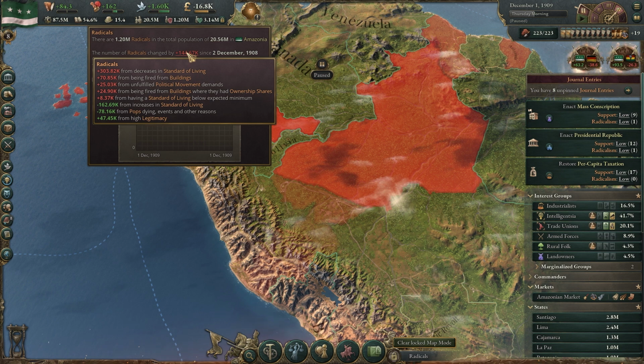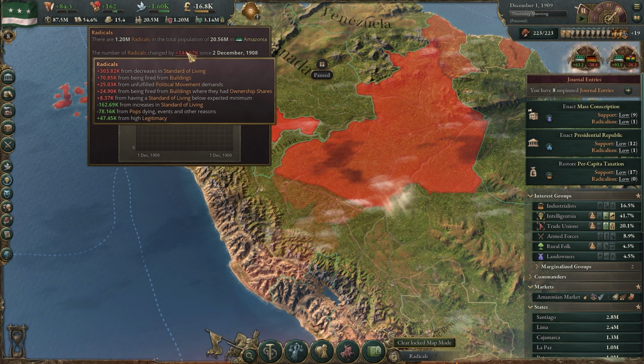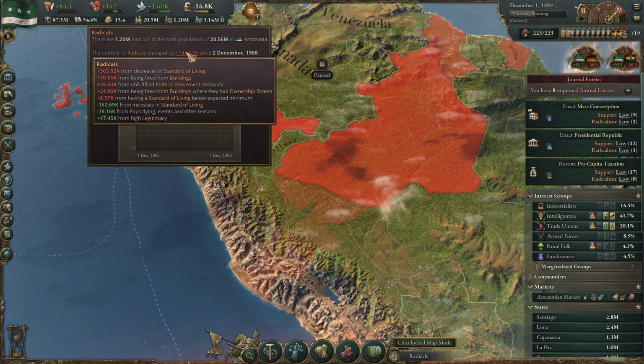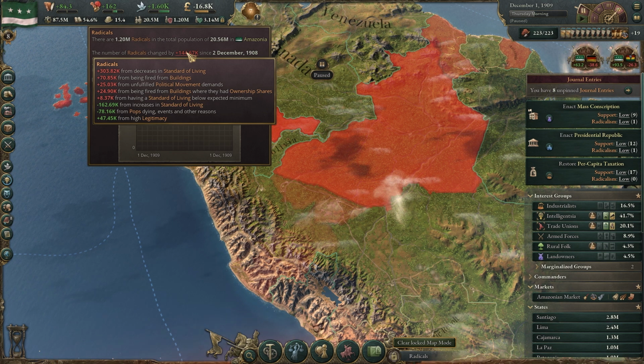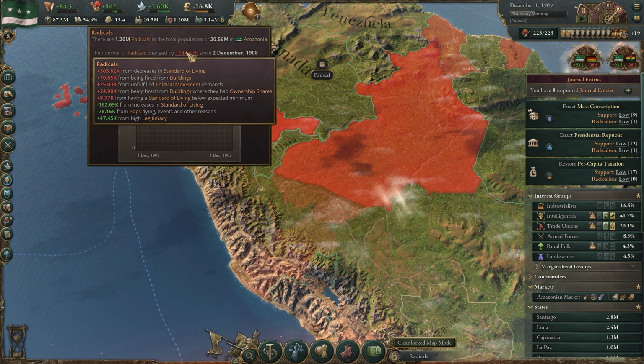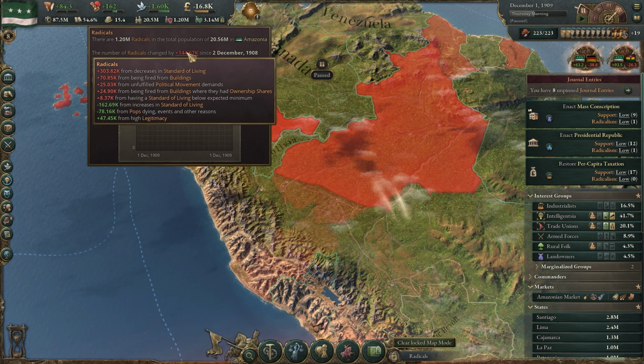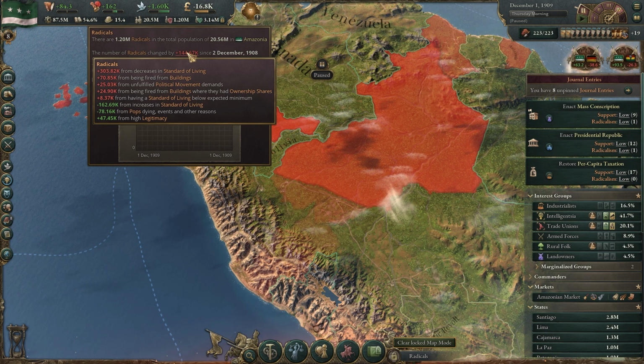The same thing goes for the second highest reason, being fired from buildings. So in general, if you're subsidizing, you won't be subsidizing every building, but for the ones that you are, people won't be fired from them. So again, this number should drop. Also, number 4, being fired from buildings when they had ownership shares. So again, with fewer people being fired, this number of radicals will go down. So these sources of radicals will definitely change if you subsidize.